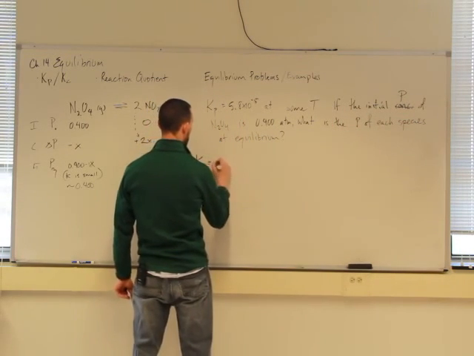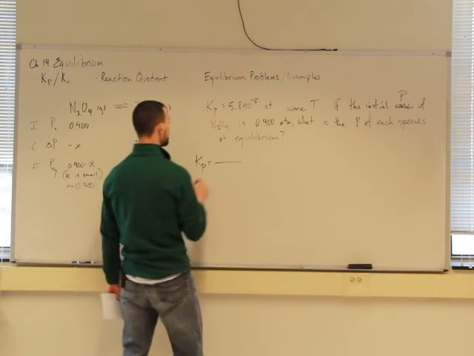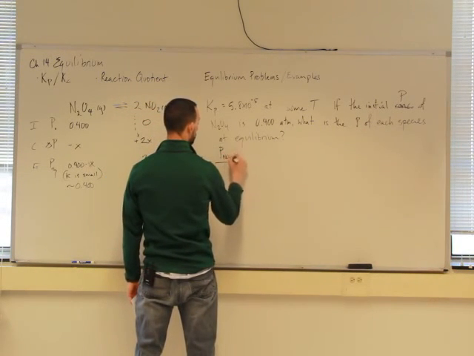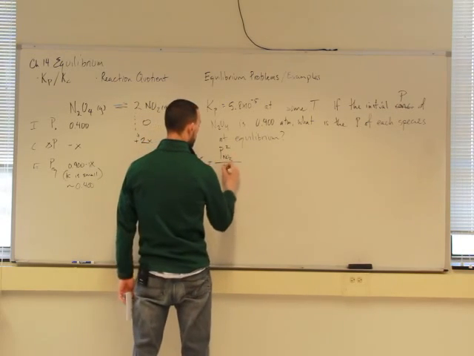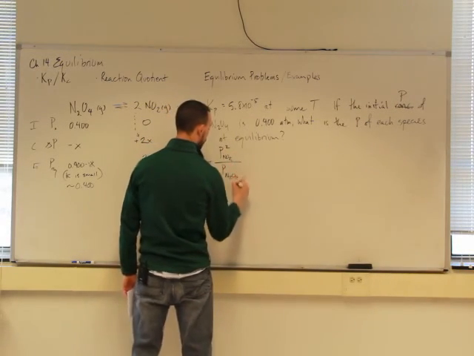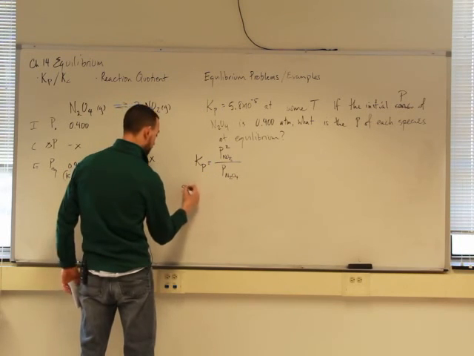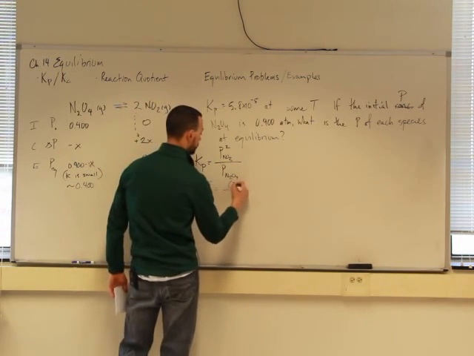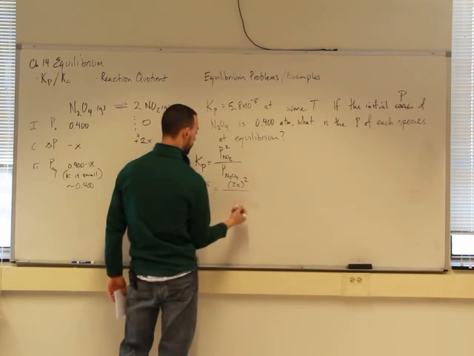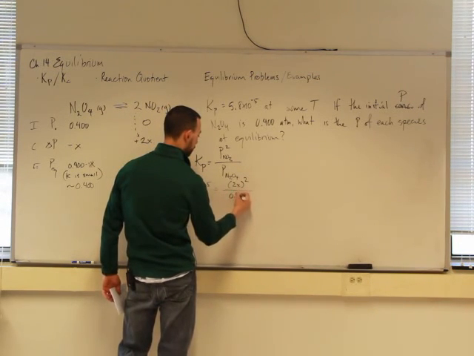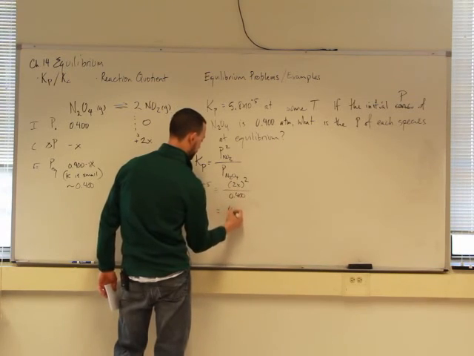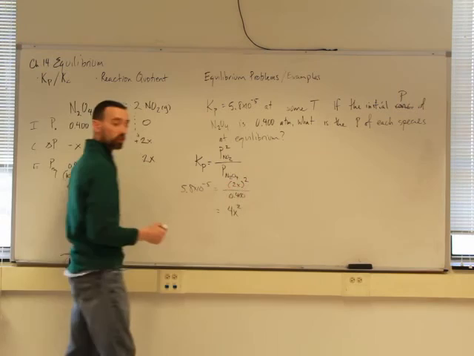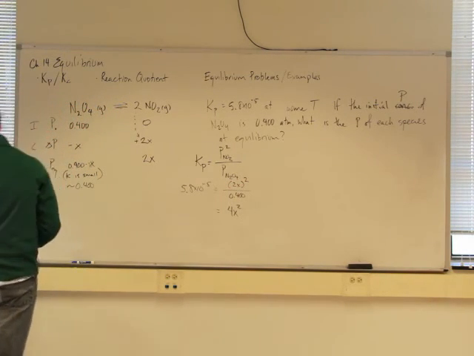So our Kp expression is how we're going to find x, just like our last two examples. Pressure of NO2 squared divided by the pressure of N2O4. Kp is 5.8 times 10 to the negative 5, equal to 2x squared, divided by 0.4. So 4x squared, because I have to square both the 2 and the x.